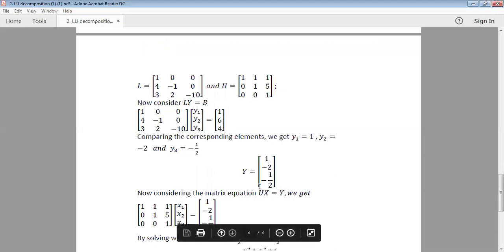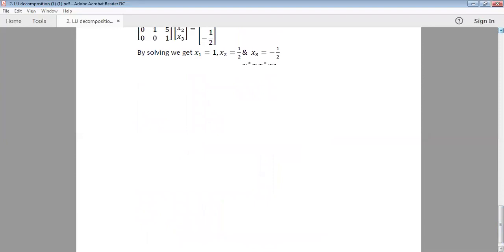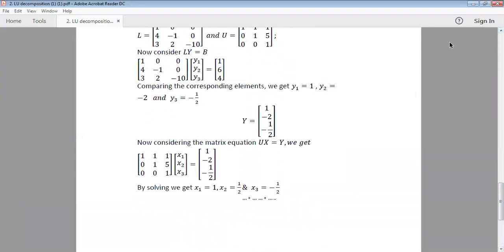Now solve Ux equals y. Right? We know matrix U and also y. So Ux equals y. The upper triangular matrix is 1 1 1, 0 1 5, 0 0 1.